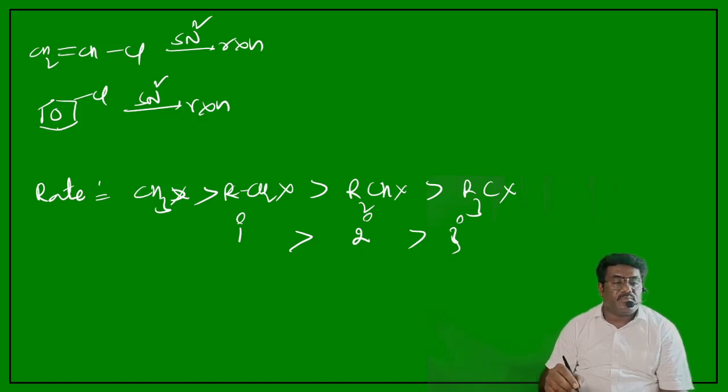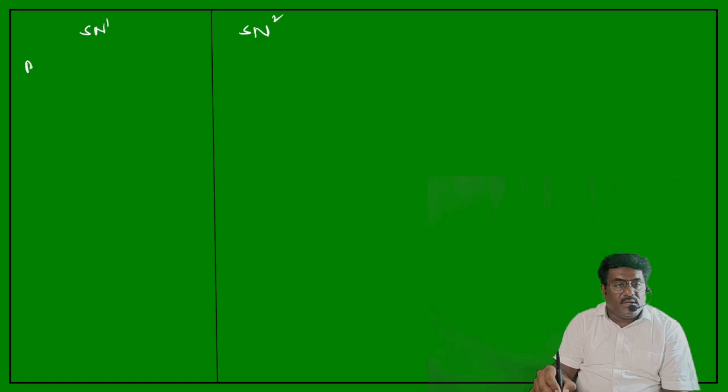What is the difference between SN1 and SN2? I am writing SN1 and SN2. For SN1, alkyl halide with nucleophile forms R-Nu plus X minus.